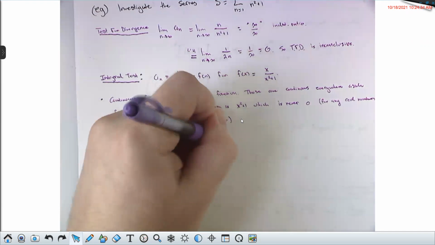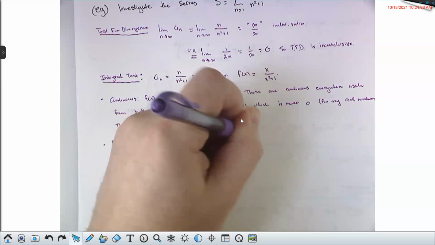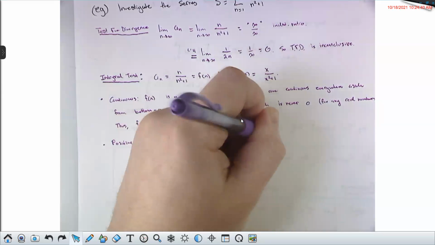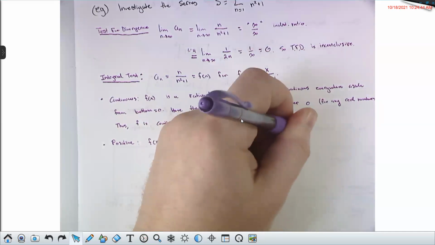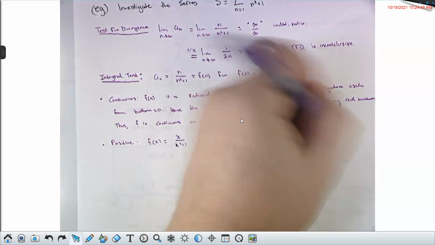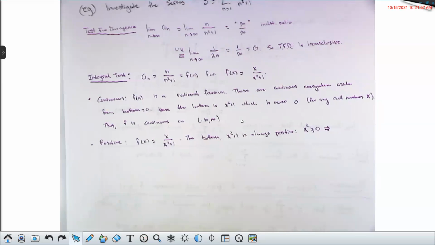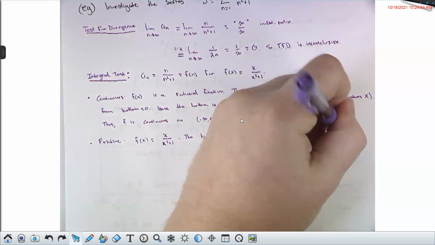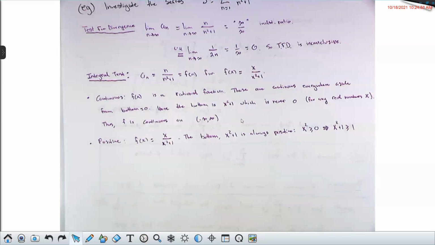The bottom, x squared plus 1, is always positive. You know that x squared is always greater than or equal to 0 because squares are always non-negative. So x squared plus 1 is always greater than or equal to 1.